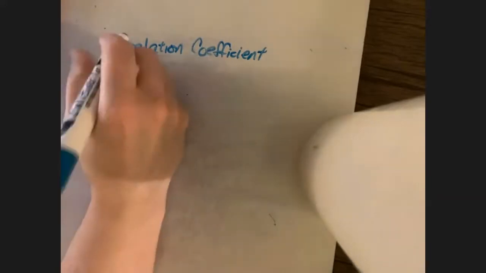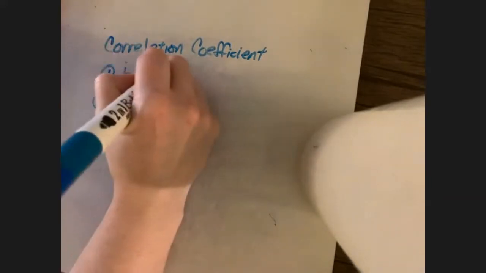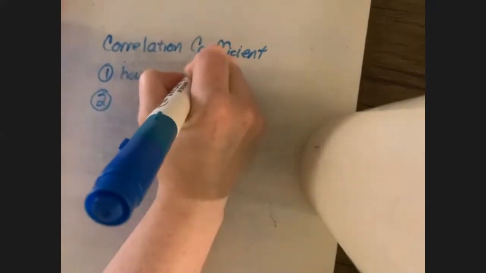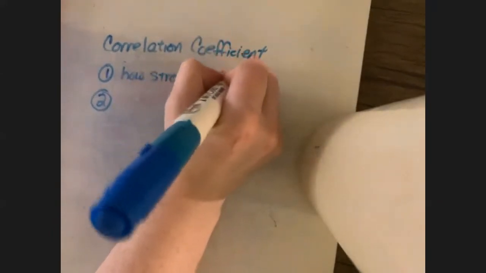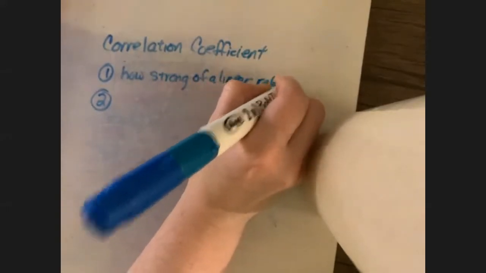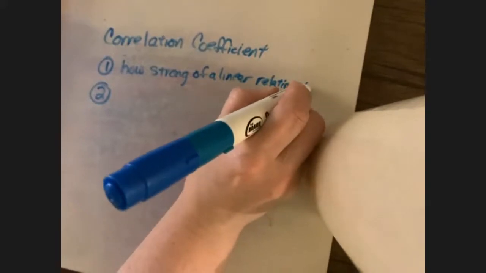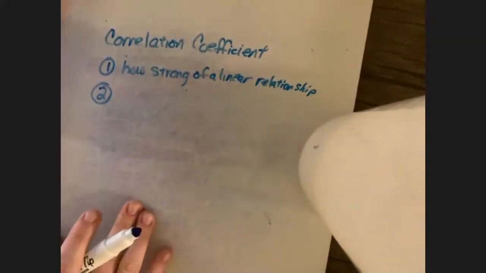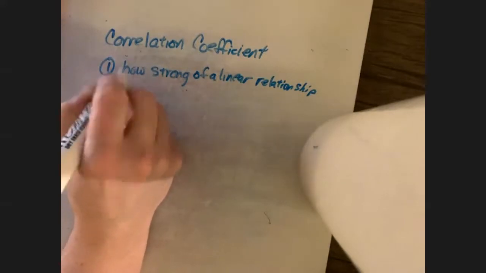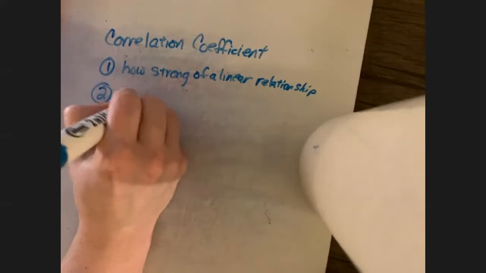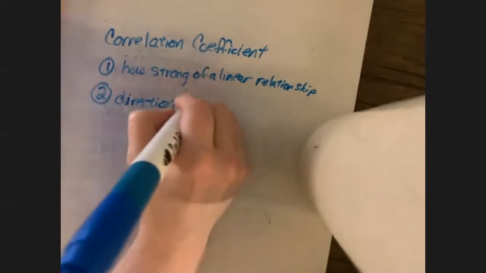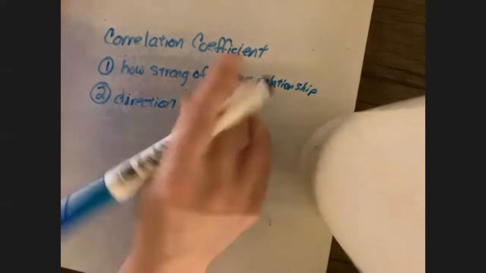One is how strong of a linear relationship there is. The second thing is the direction of the relationship of the line.